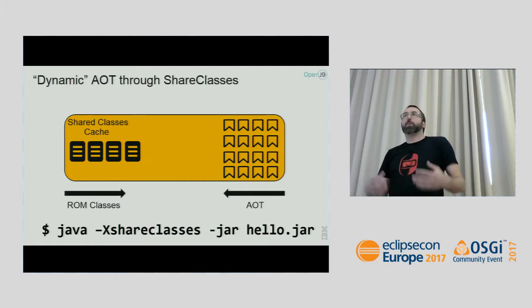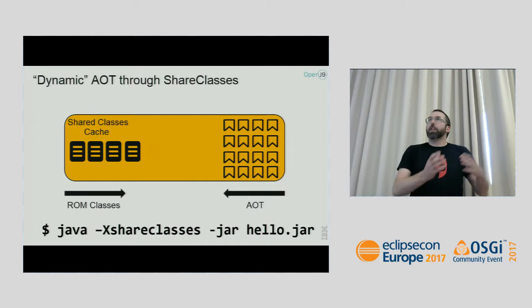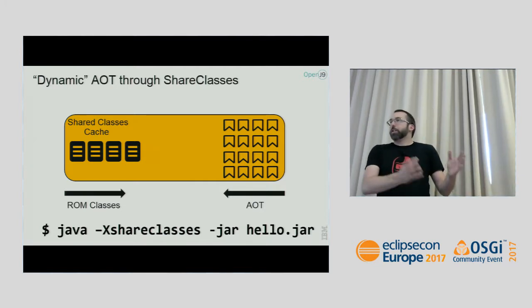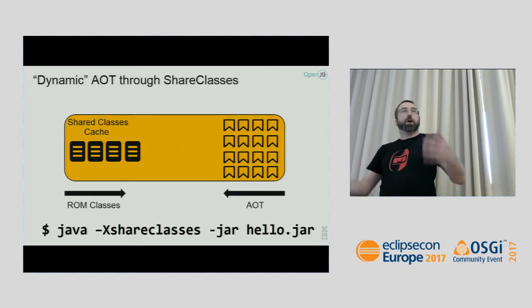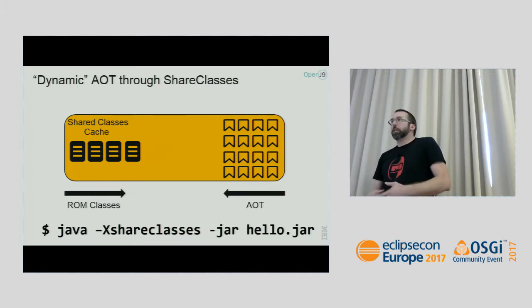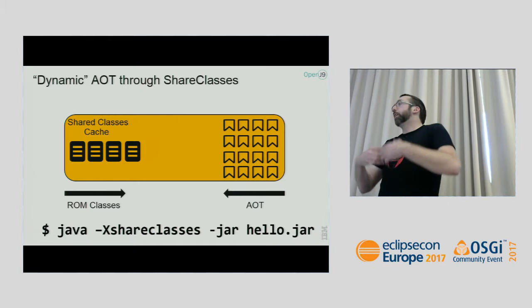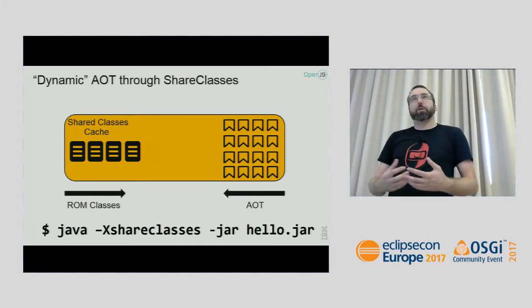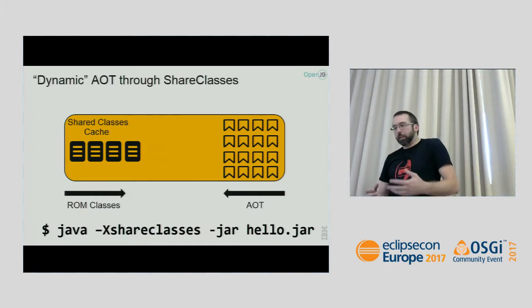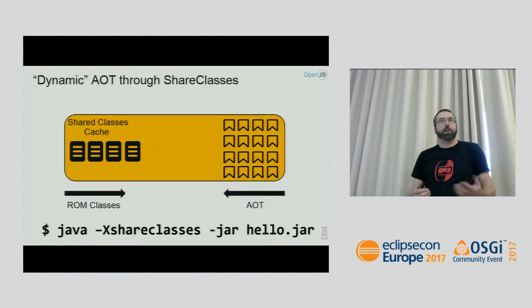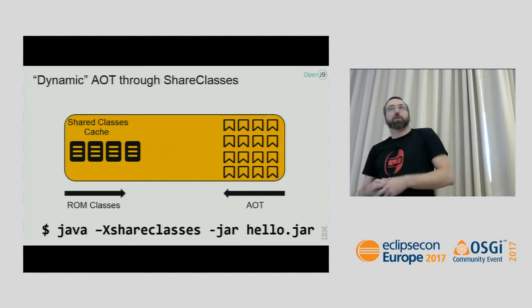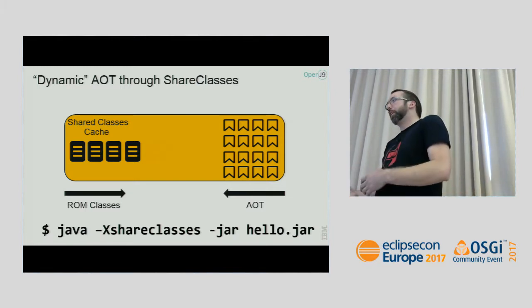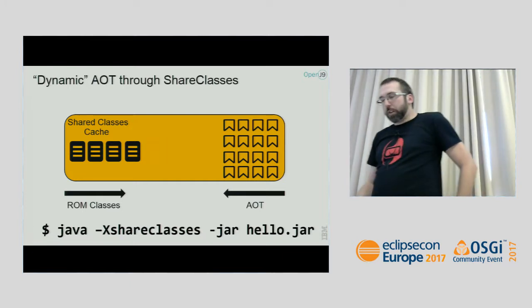Then every time you run afterwards and use the same cache, that code will be executed on startup. Just because the method's in that cache, it still takes part in all the regular JITting after the fact. It's just a way to get you up and going a bit faster. This can be anywhere from 10 to 30% startup time improvement just by enabling shared classes on your command line. So with lots of workspaces or plugin development, this can really save a lot of time in your day.